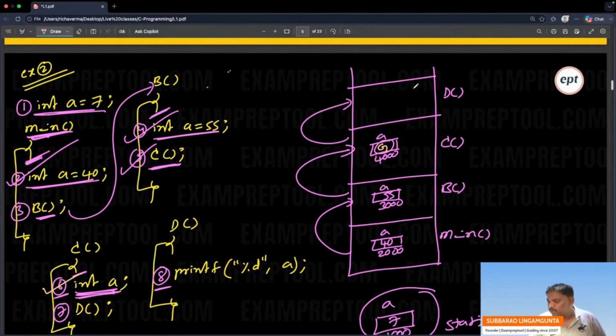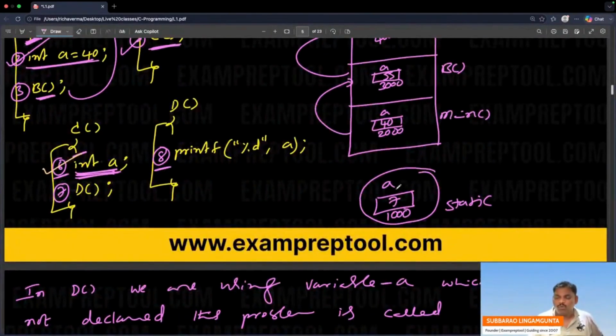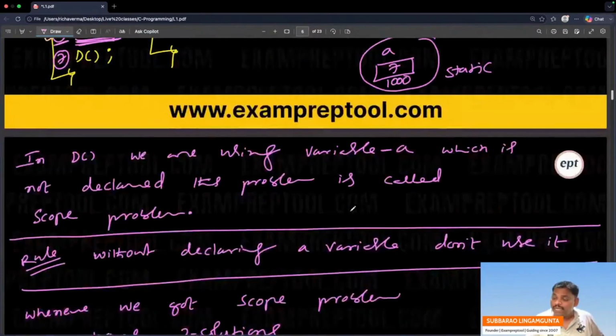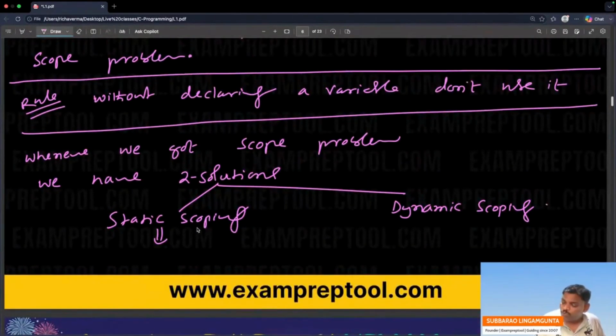Whenever there is no local variable but you are using A, instead of giving an error message, print the global variable. No local, print global. That is the meaning of static scoping. Static scoping means: no local, print global.